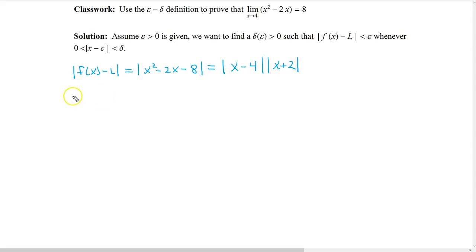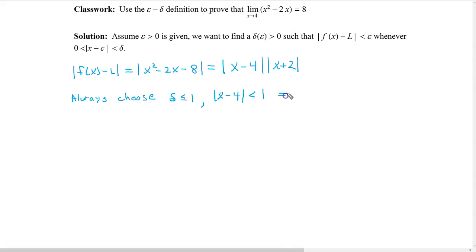So what we're going to do is say that from now on, we're always going to choose the delta to be less than or equal to 1, in which case x minus 4 will always be less than 1, because we always pick this less than our delta.